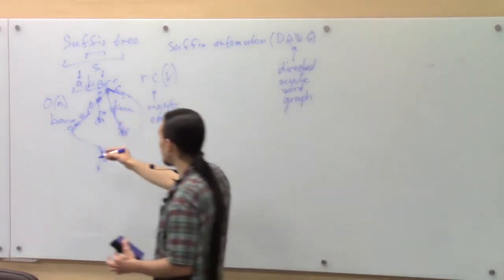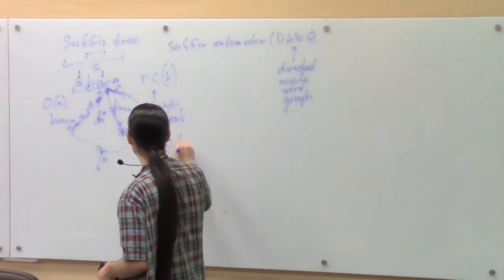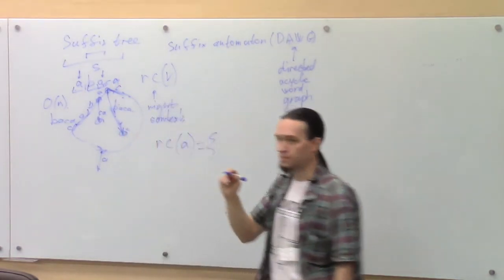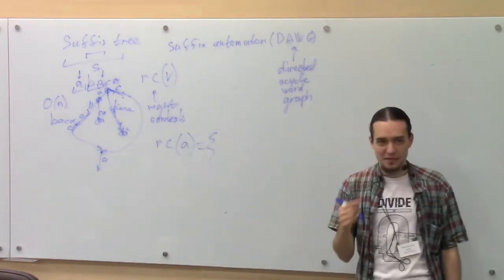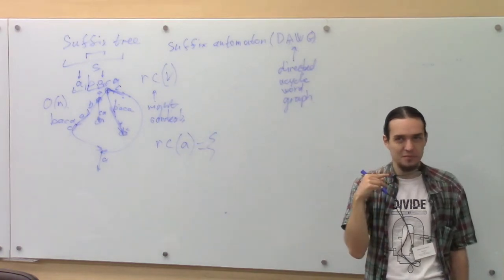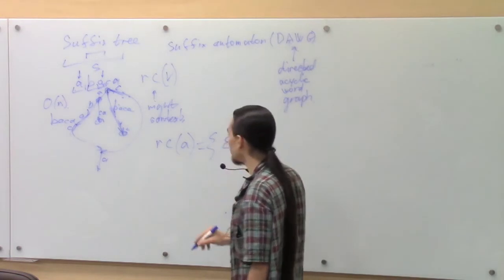So, for example, in this string, if we look for RC of, I don't know, the string A, right? It's a set, and the set consists of, first, the empty string, okay? Because the empty string matters; it's going to matter a lot. And the empty string we will mark with epsilon.